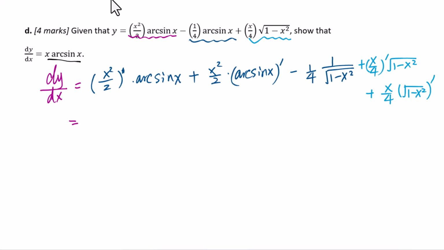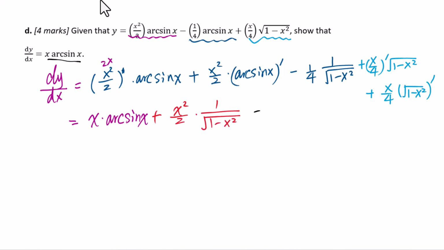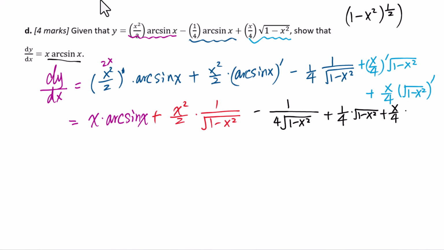So we get 2x over 2, which is x, times arc sin x, plus x squared over 2 times 1 over square root of 1 minus x squared, minus 1 over 4 square root of 1 minus x squared, plus 1 over 4 times square root of 1 minus x squared, plus x over 4 times (1 minus x squared) to the 1/2 power, prime.